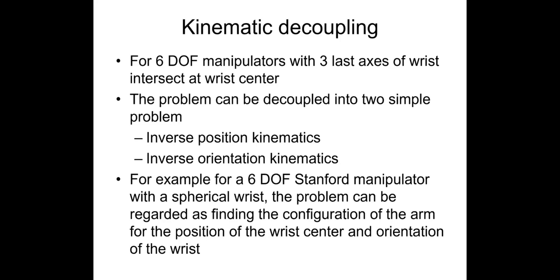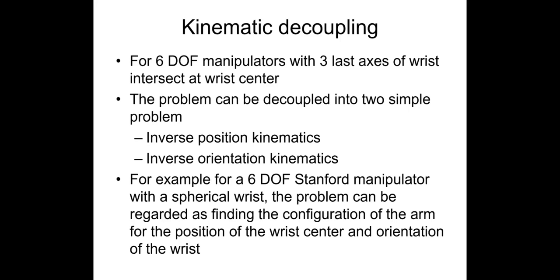For example, for a 6 DOF, degree of freedom, manipulator with the last 3 axes of the wrist intersecting at the wrist center, which we have seen in the forward kinematics problems, we have 6 joints, but the last 3 intersect at the wrist center. So the last component is a spherical wrist. If this is the case, then the problem can be decoupled into 2 simpler questions: the inverse position kinematics and the inverse orientation kinematics.